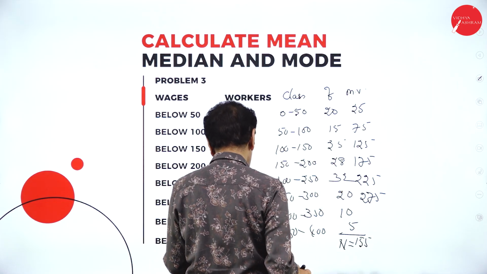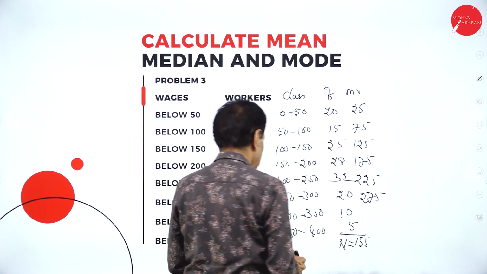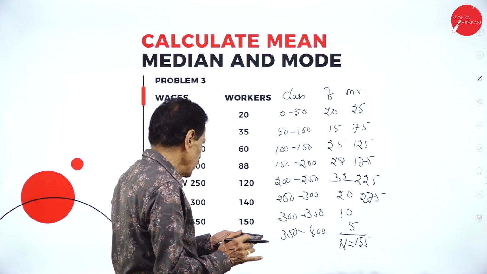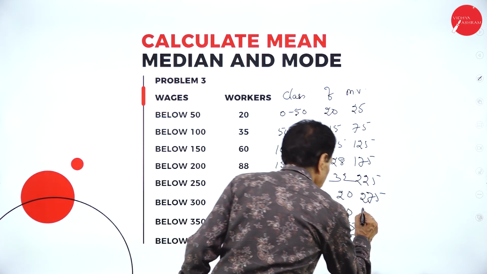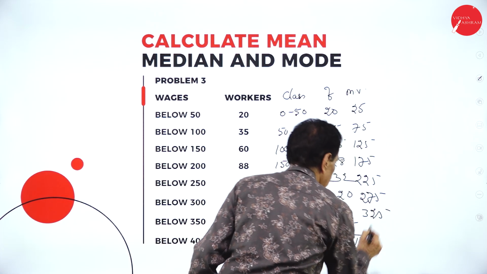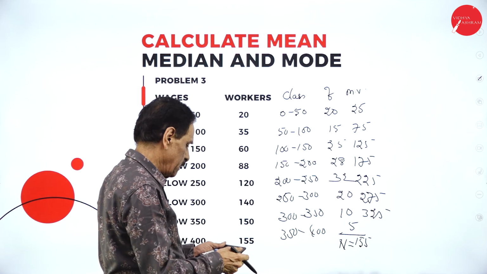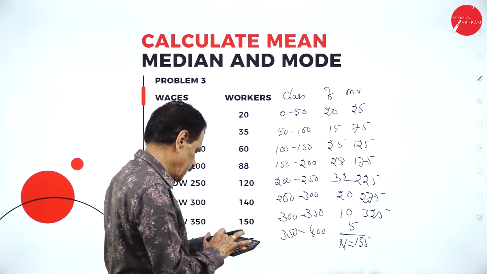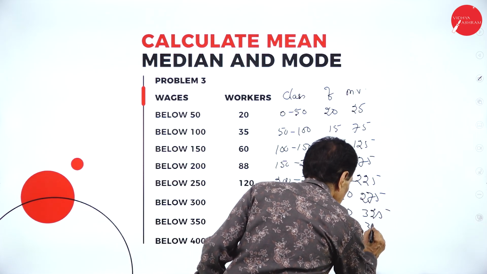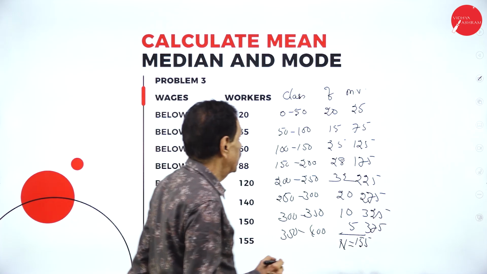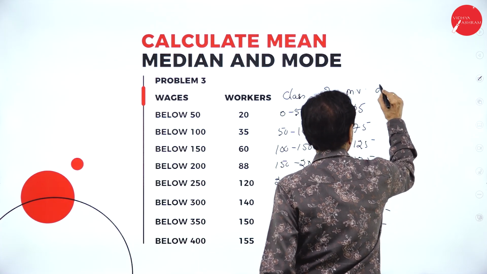Then 350 plus 400, 750 divided by 2, 375. Mid value.